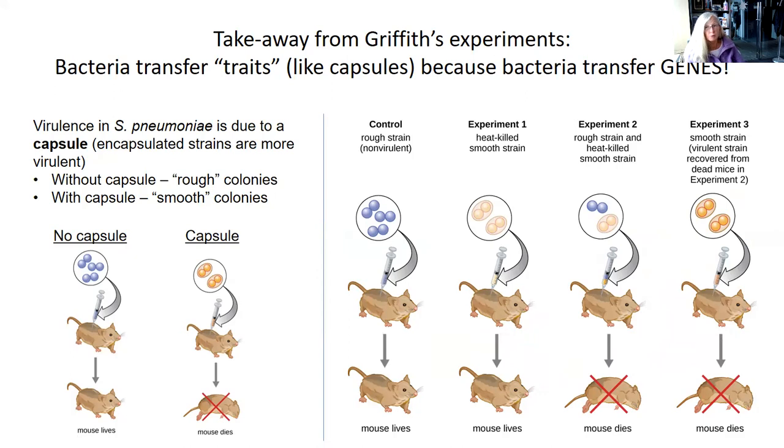Griffith proposed that it was a physical substance, and from that we ended up with, oh wow, bacteria transfer genes, and these traits are based in a molecule that is a physical factor that can be transferred to other bacteria. Griffith used the bacteria Streptococcus pneumoniae, which at the time was a cause of pneumonia, and only the encapsulated form of Streptococcus pneumoniae is very pathogenic.